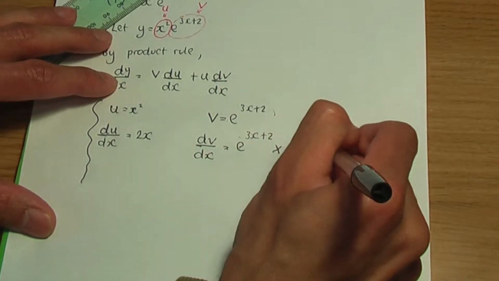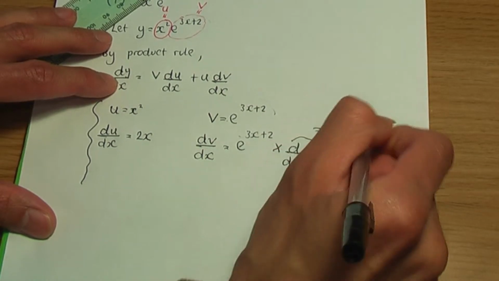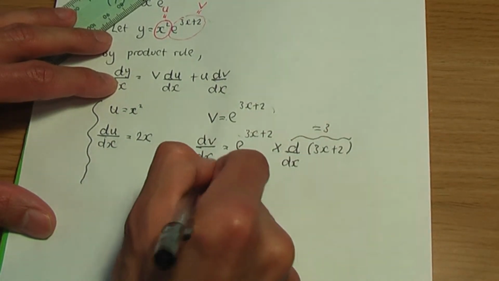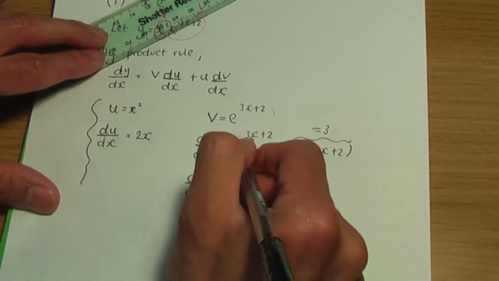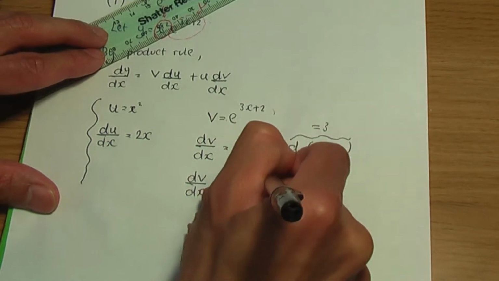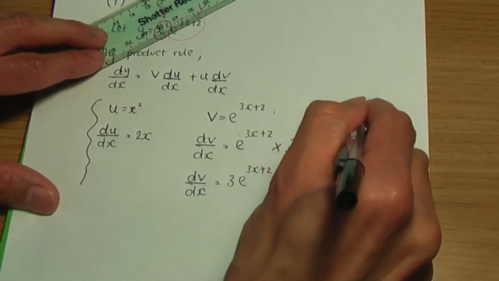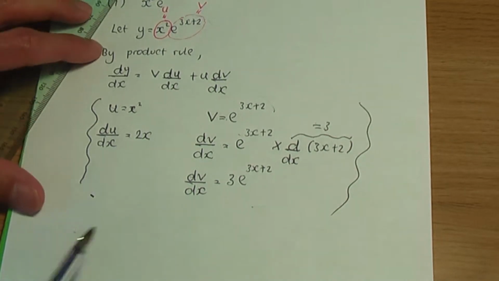Bearing in mind d by dx of 3x plus 2 is 3, let's make a note of that. So that would make dv over dx 3 times the term, so it's 3e to the power 3x plus 2. So that is what you should have for dv over dx.